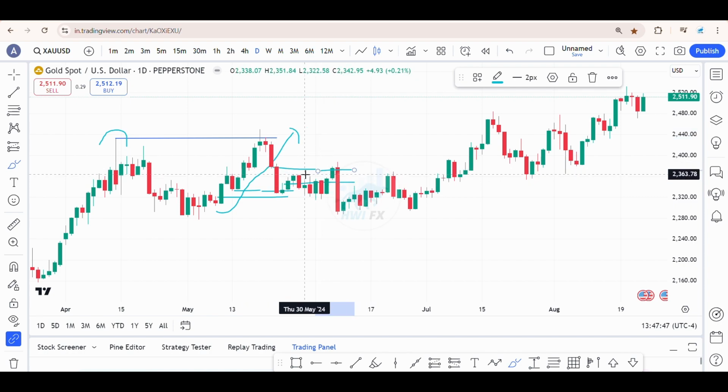So price filled this imbalance, and then came down to take this sell side liquidity in the form of external.